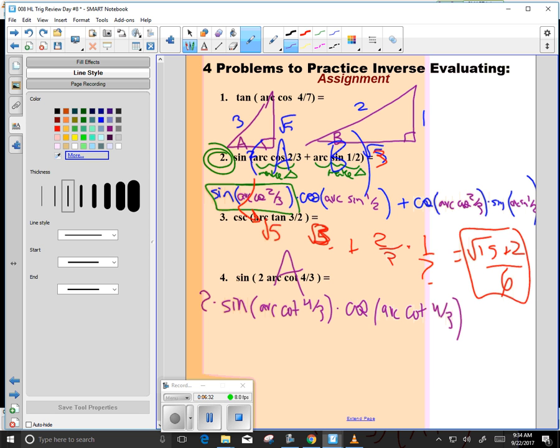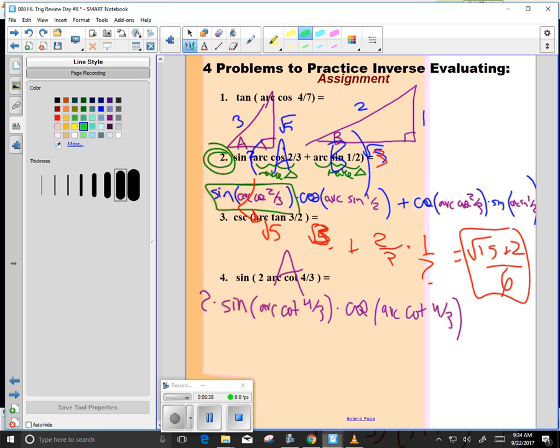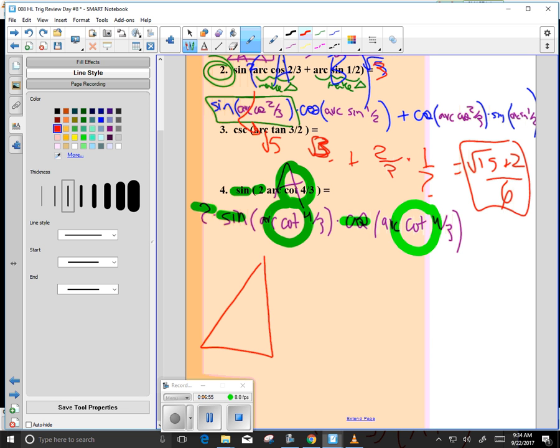It's 2 sine theta cosine theta. Is that all right? 2 sine cosine gives you sine 2 theta. And here's your theta. And we can evaluate these by making a triangle again. We'll call this A. Cotangent is 4/3.